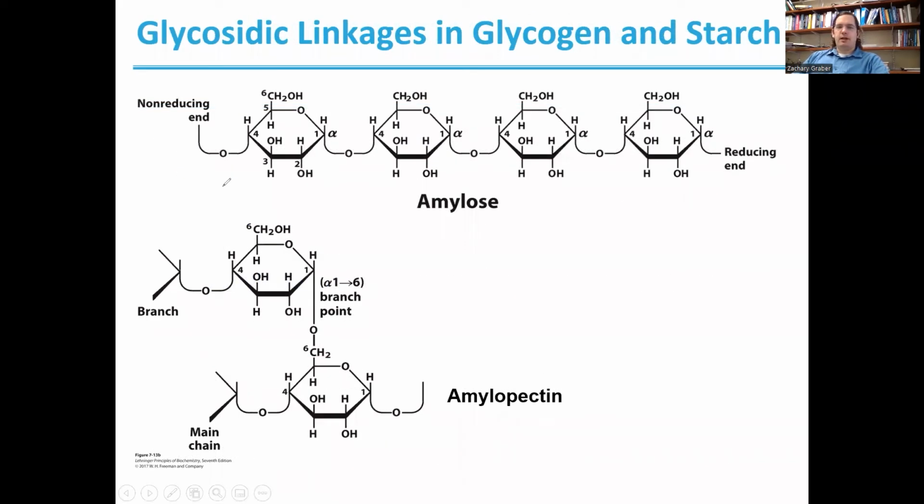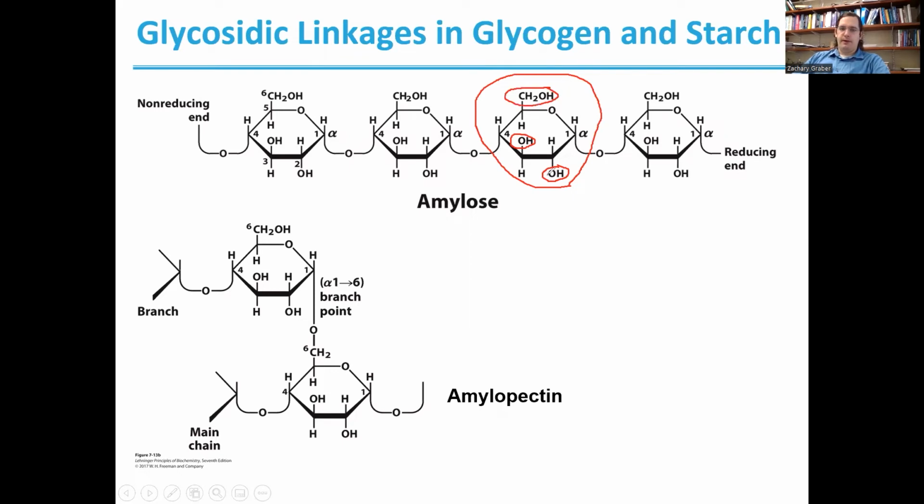So here we can see a closer look at the structure of our starch. And of course, our glycogen as well will have nearly identical structure. Of course, our key monomers here are always the same, since these are our homopolysaccharides of glucose. Glucose we can recognize by the unique pattern of our chiral centers around our sugar ring.